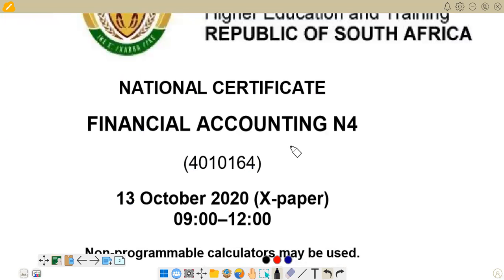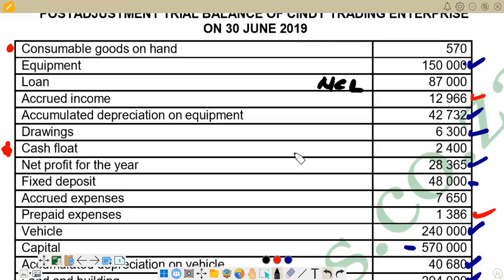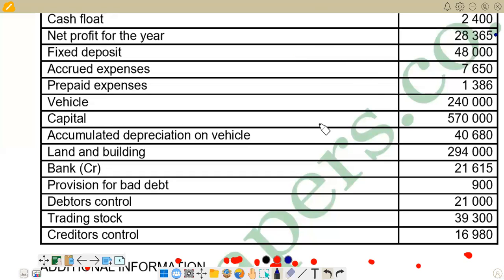So if you come here, we'll check what figure we are having in terms of trade creditors. We are not having it here, so it means it's just beneath there. The figure for trade creditors that we have is 16,980. Then we check for other payables, accrued expenses. We are having accrued expenses here, but prepaid income is not there in the question.